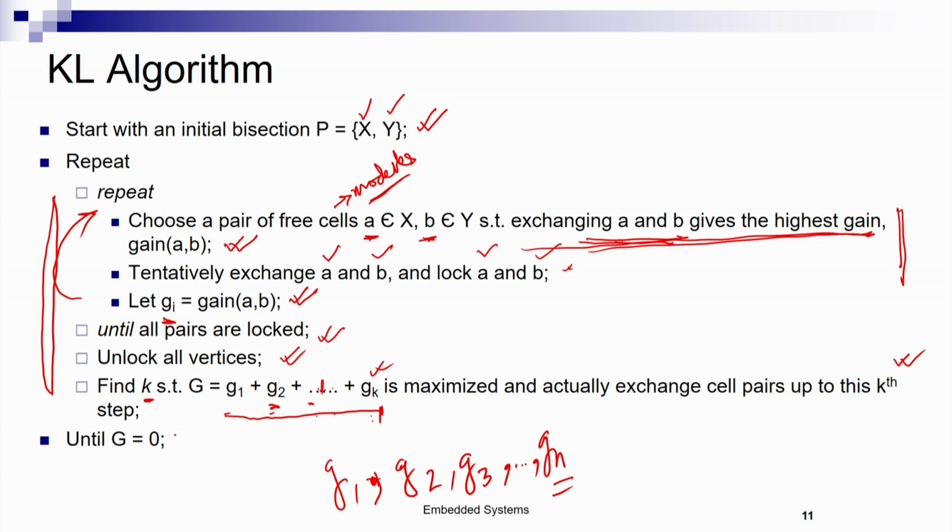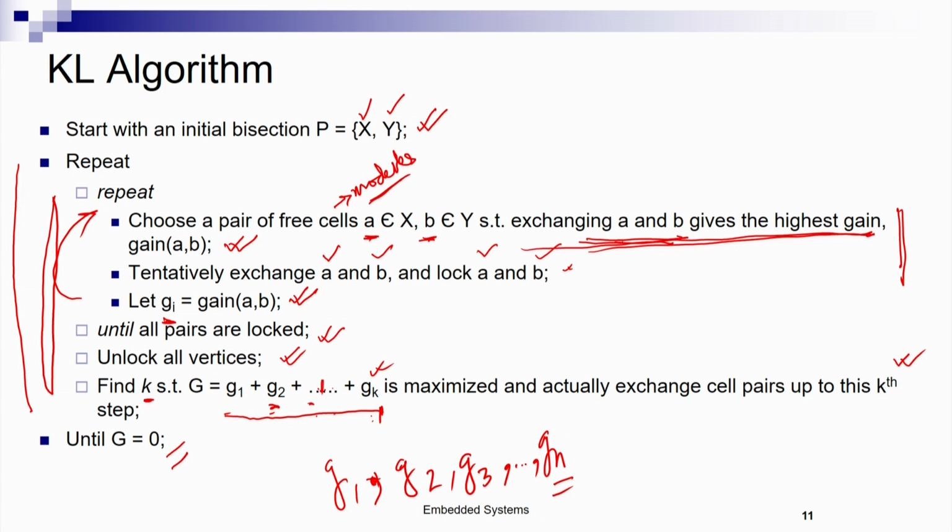At the end of this, I have taken up to g k, I have modified the partition, and with this modified partition I will go into a second loop until we have an entire pass in which we have no improvement in gain. Okay. And this pass is typically not a large number of times, it is only a small constant number of times that the outer loop will be required to execute.